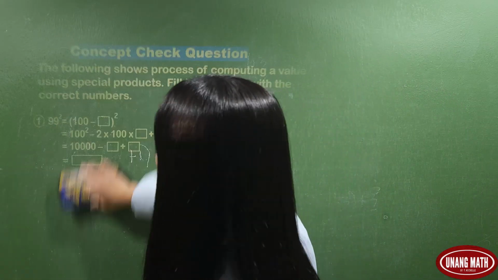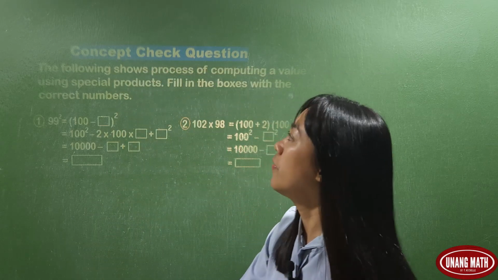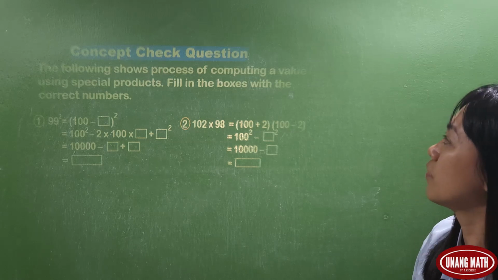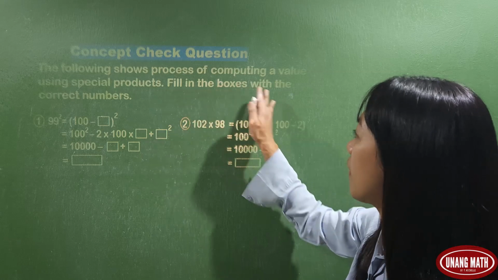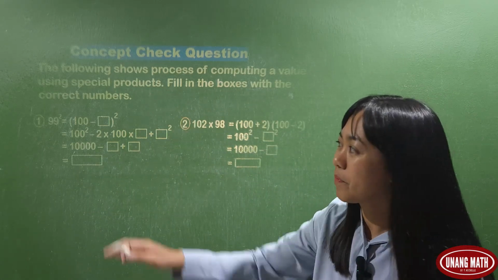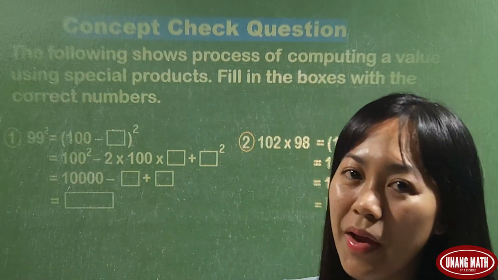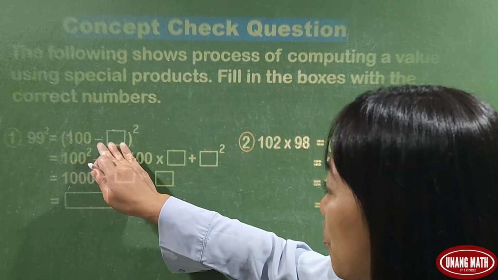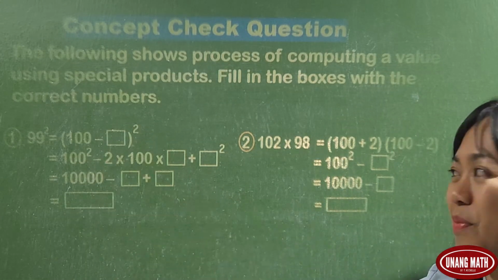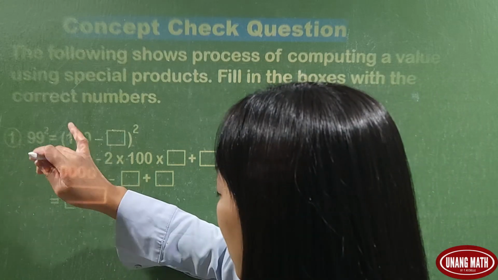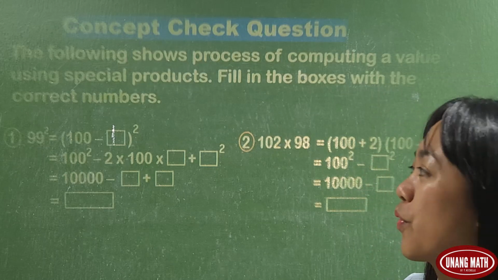Okay, this time, let's answer this concept check question. The following shows the process of computing a value using special products. Let's fill in the boxes with the correct numbers. Okay, let's take a look at this first given. 99 squared. This is equal to 100 minus blank raised to the power of 2. So in here, we will be using square of binomials. So 99 can be written as 100 minus 1, and it's raised to the power of 2.